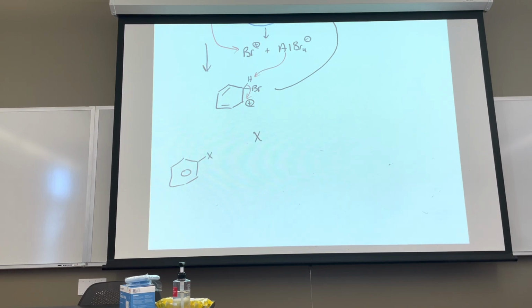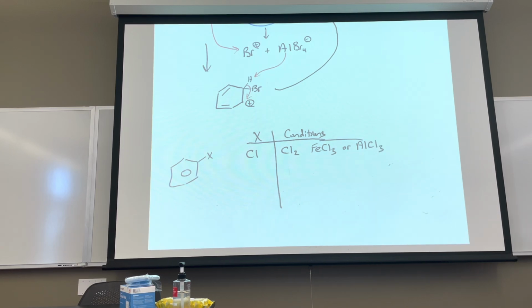What atoms we can put on, and then what conditions we use to get that atom on. So we could put a chlorine on the ring, and we would use very, very similar conditions to the bromination. You could use Cl2, and generally what you'll note is we're going to match the halogens on the Lewis acid to whatever you're trying to put on the ring.